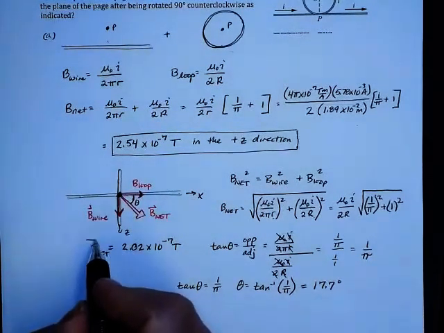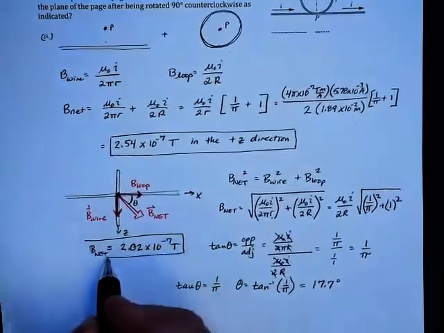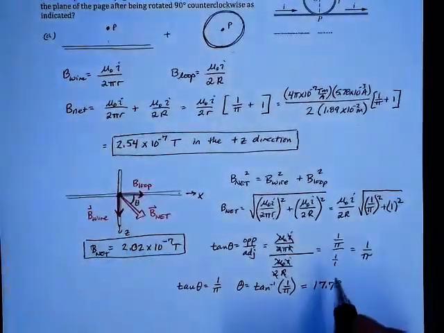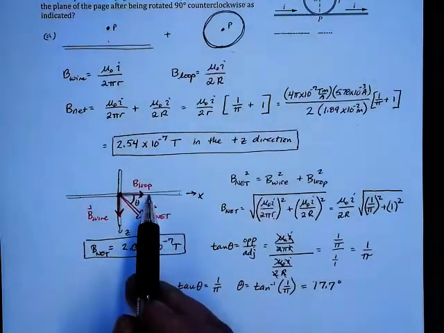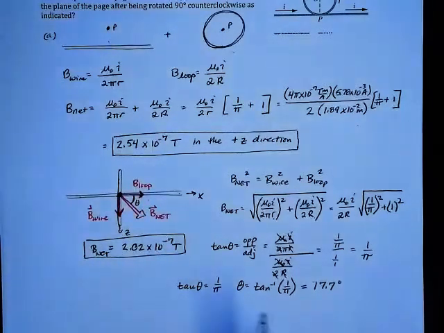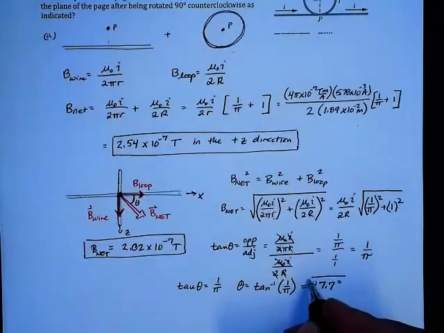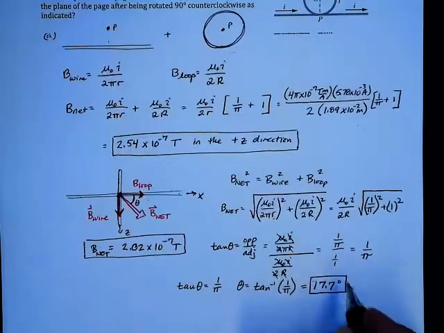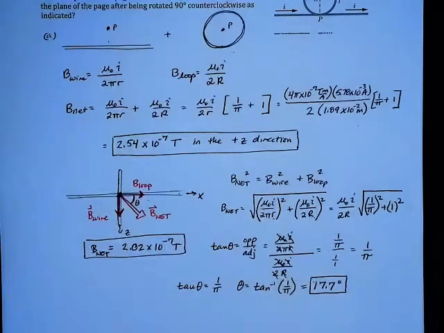So the magnitude would be 2.02 times 10 to the negative 7 Teslas, and the direction would be 17.7 degrees off of the x-axis in the xz plane towards the positive z-axis, which is just a little awkward to represent.